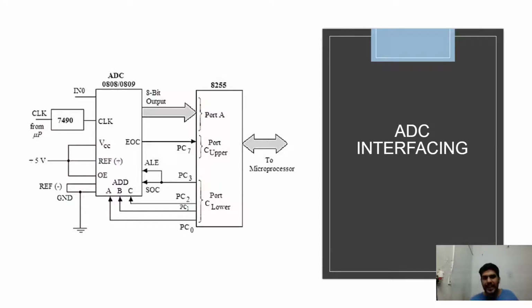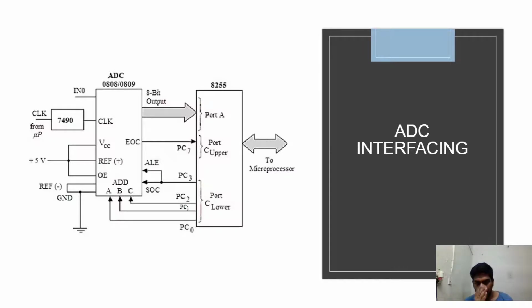Now we look into the interfacing of the ADC using the 8255 PPI. The 8255 PPI has three ports: port A, port B, and port C. Port A is the input port, the port that takes in the output digital value from the ADC, and this value is going to be sent to the microprocessor.